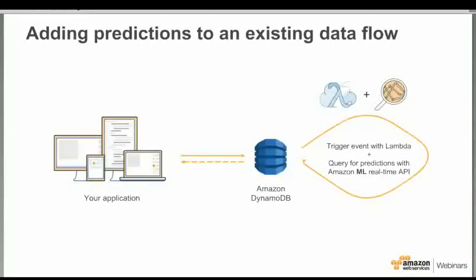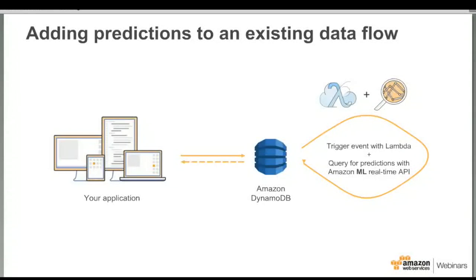And finally, I want to show an interesting example, just to give you an idea of what's possible by chaining Amazon Machine Learning with other Amazon services. So imagine we have a pre-existing application. It does not yet have machine learning technology in it. And what this application does is collect data and place it as rows in DynamoDB. What we can do is use AWS Lambda to create a trigger for a new row being added to Dynamo. We can have this Lambda function call the real-time prediction API to obtain a prediction for this data row.